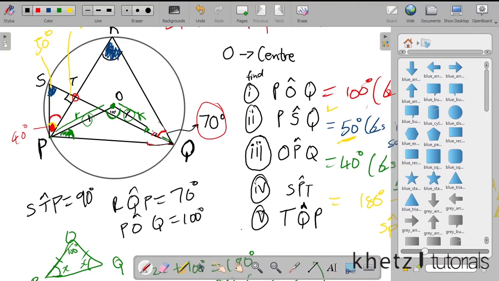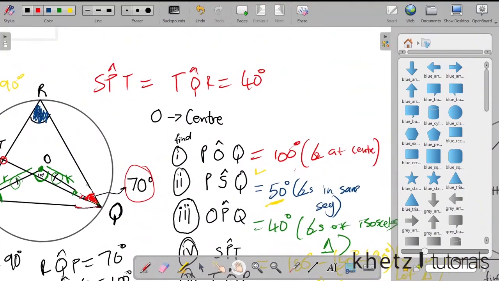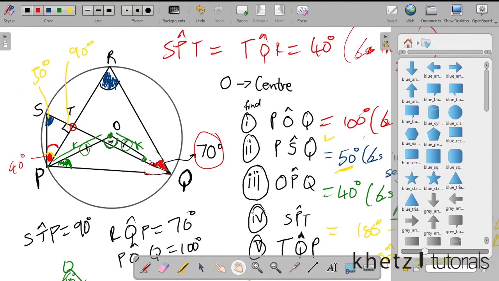So you know that this red part here is 40 degrees, and the reason for that is angles in the same segment. So part of this whole 70 degrees is 40, because of angles in the same segment as this one over here. So that and that are in the same segment.